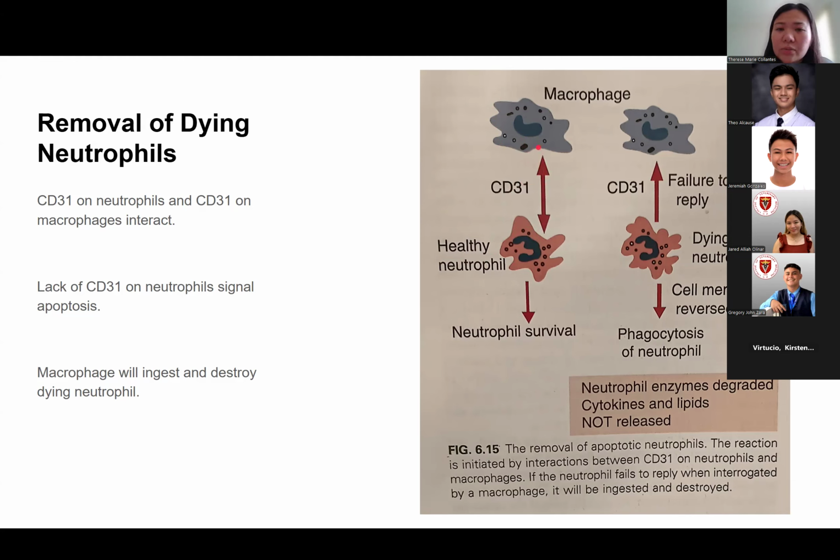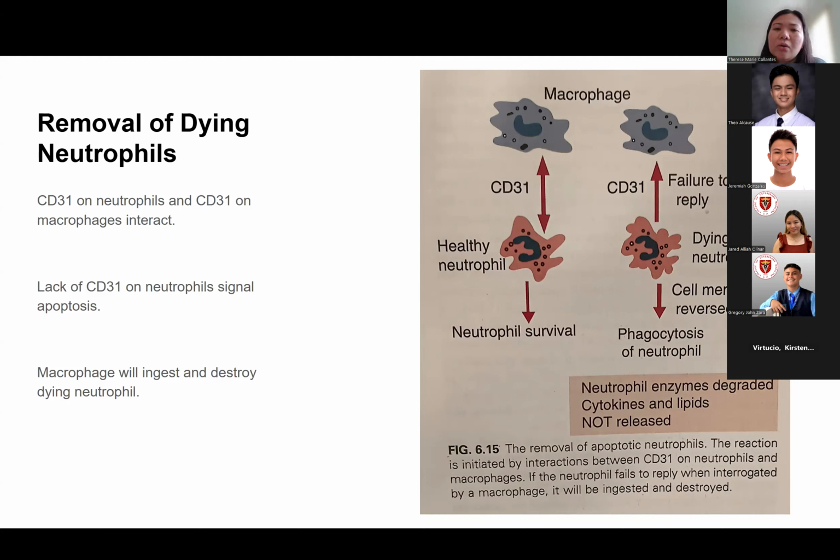So the CD31 will interact with each other, the CD31 of the macrophage and of the healthy neutrophil. It's a response that the healthy neutrophil gives to the macrophage in order for the macrophage to know that this is a healthy neutrophil.